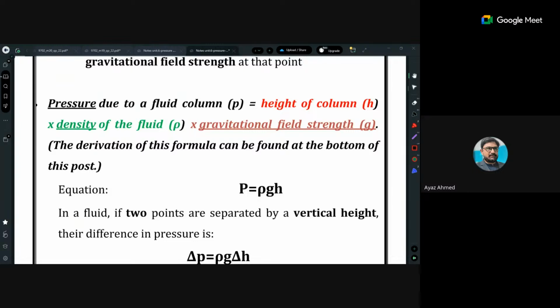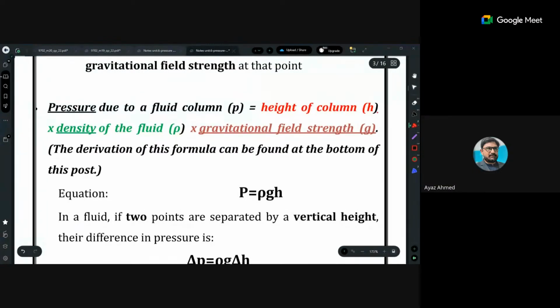Nice. So we were talking about the pressure in the fluid, which depends on the height of the column, which I have explained, then the density of the fluid, and gravitational acceleration.